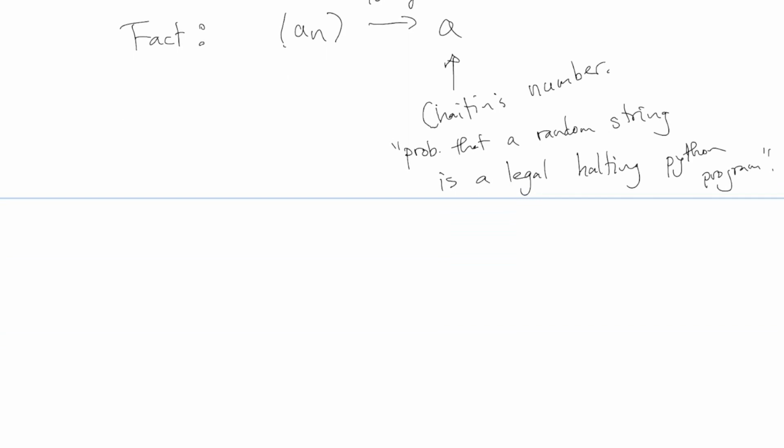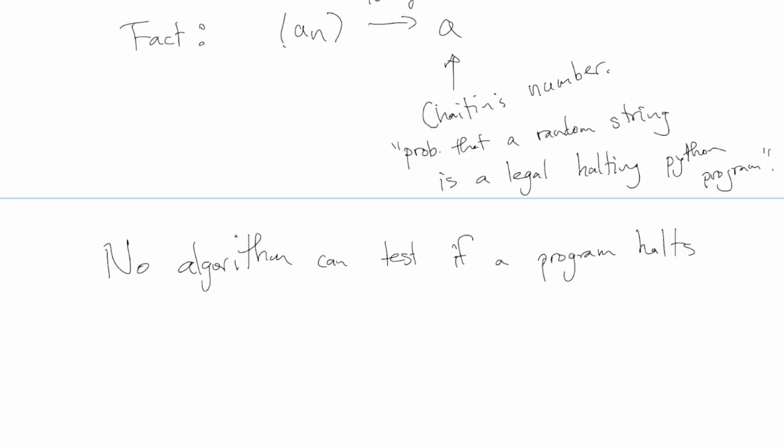Here's what your grandma will be interested in, though. No algorithm can test if a program halts, right? This is what we've been talking about for the halting problem. And therefore, this doesn't follow exactly, but it is true, and I hope that you'll take my word for it.